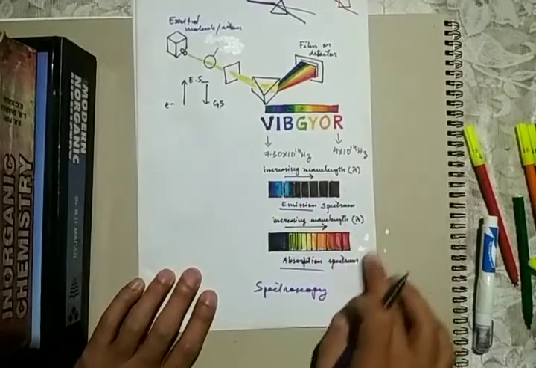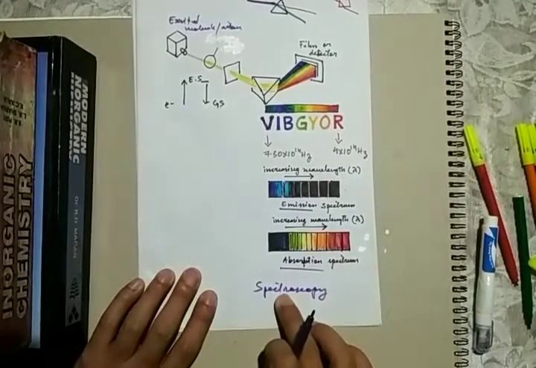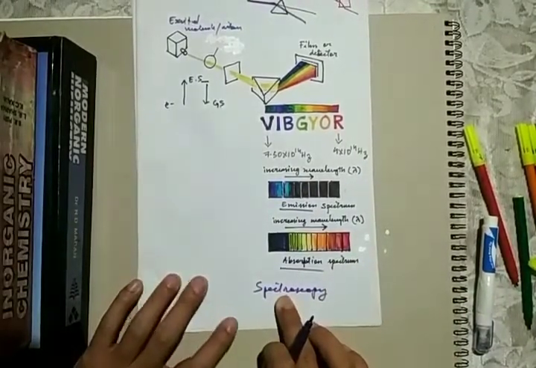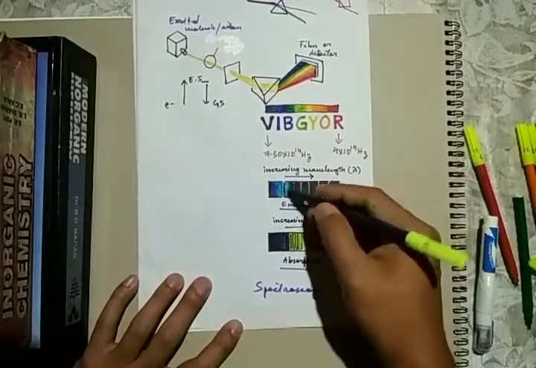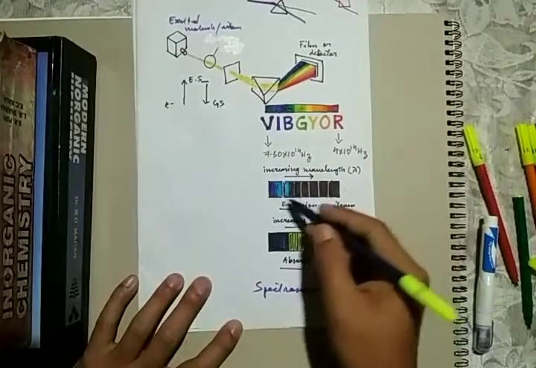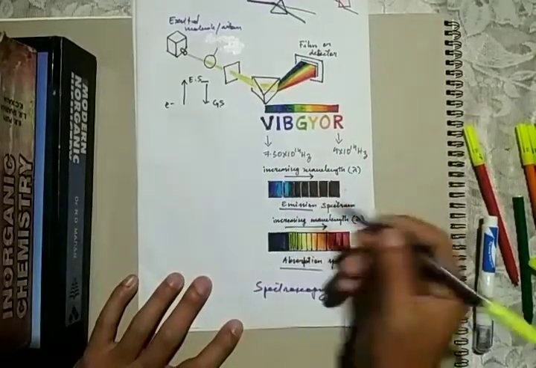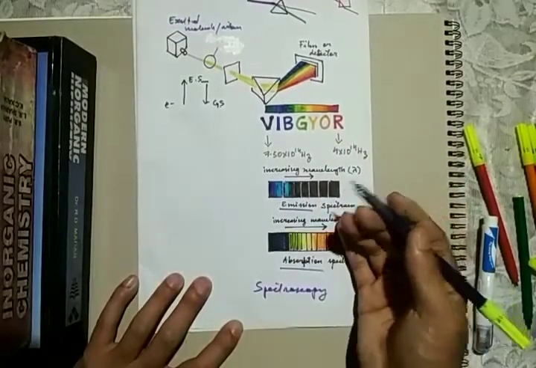As we have discussed, these lines can be used to identify unknown atoms.